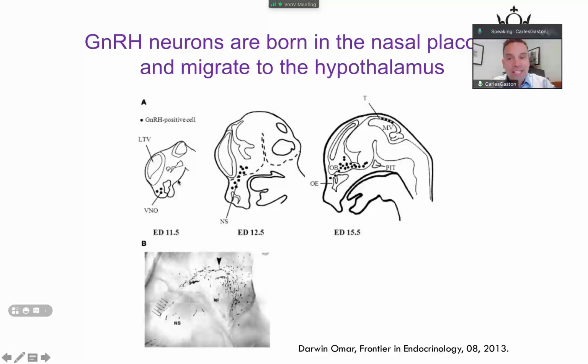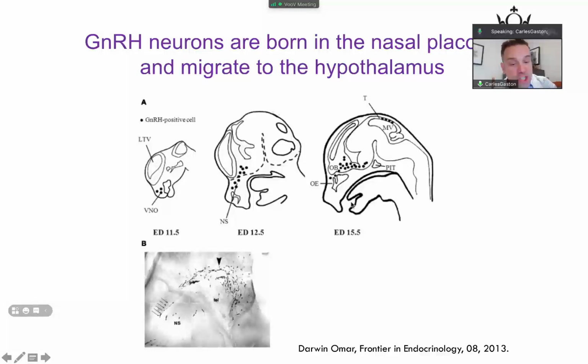Here you can see an embryonic sagittal section at 11.5, and this is the nasal placode where these neurons are, and they migrate into the hypothalamus, where they project axons to the median eminence and release gonadotrophin releasing hormone that acts in the pituitary.